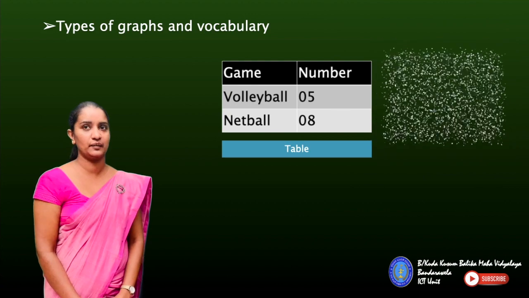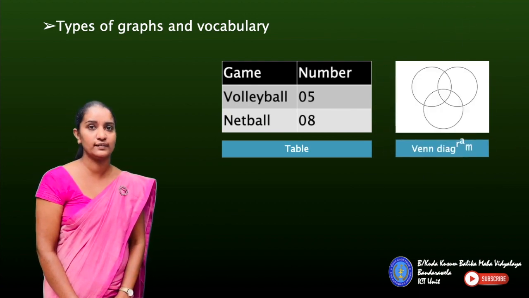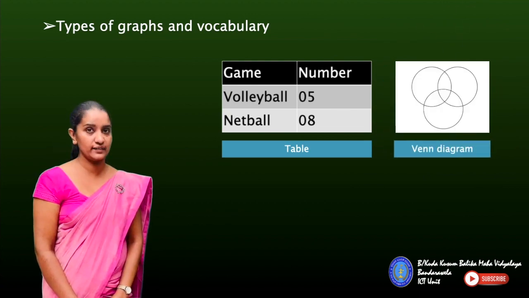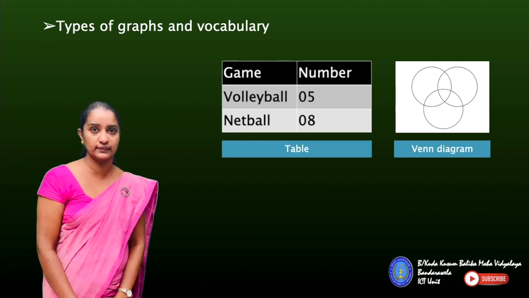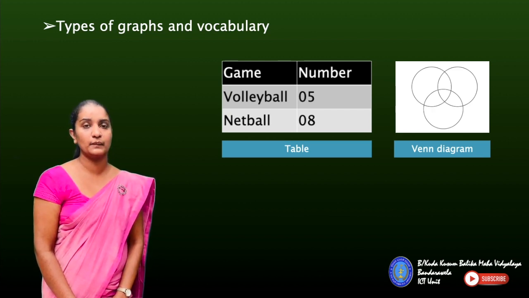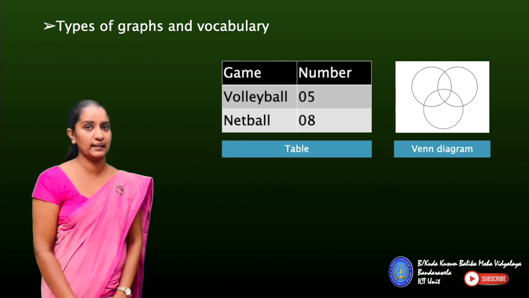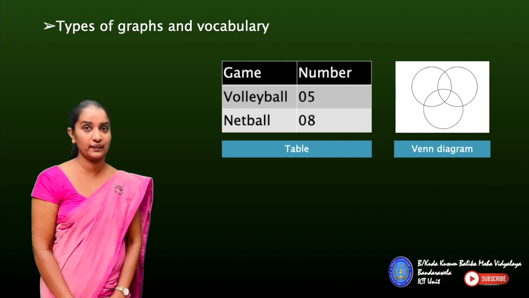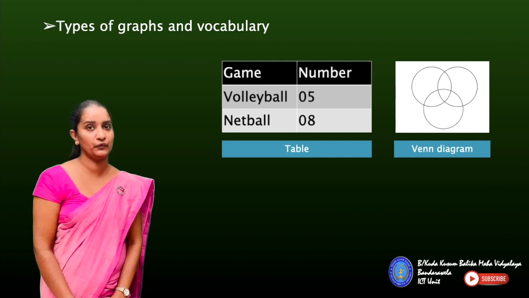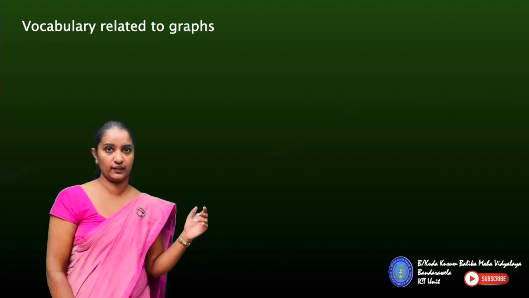And the fourth type, it is also included in your syllabus. It is a Venn diagram, which you learn in mathematics also, but you haven't been given a Venn diagram yet. So hopefully we can expect a Venn diagram in the future. Now children, look at the vocabulary you need.